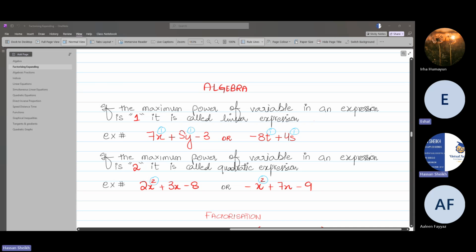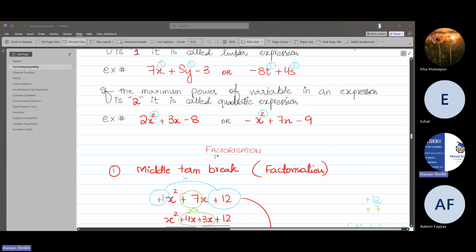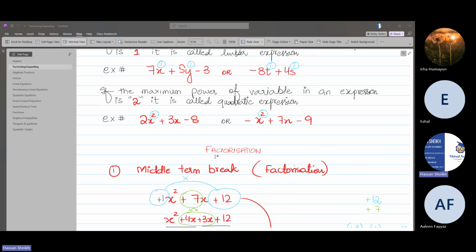Now, girls, do you understand now how to identify an expression or an equation, whether they are linear, cubic, or quadratic? So just focus on the maximum power. If the maximum power of the variable is 1, it's a linear equation. If the maximum power of the variable is 2, it's a quadratic equation.